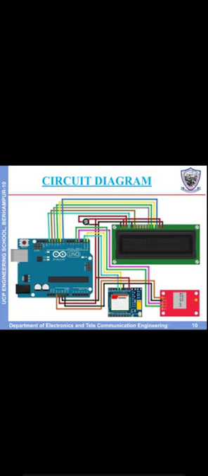The GSM module's receiver pin is directly connected to the transmitter pin of Arduino, and the transmitter pin of GPS is directly connected to the receiver pin of Arduino, and a 16x2 LCD is also connected with Arduino for displaying coordinates. It is assumed that the reader has gone through how to start with Arduino and how to interface LCD with Arduino.